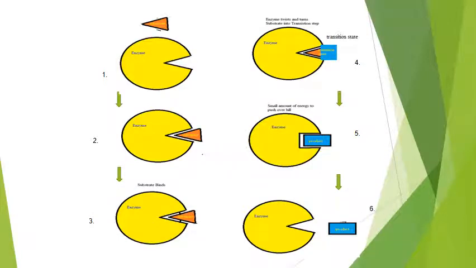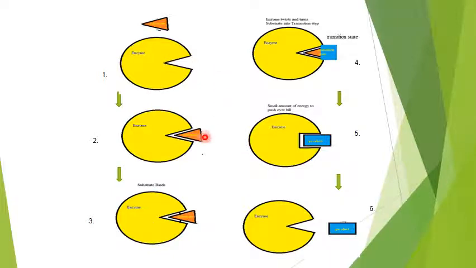Okay, so let's walk through what happens in an enzyme. So what you have first, you have the enzyme, the active site, and a substrate. Now, this enzyme will bind specifically to this shape of substrate. So this guy will fit right in there.